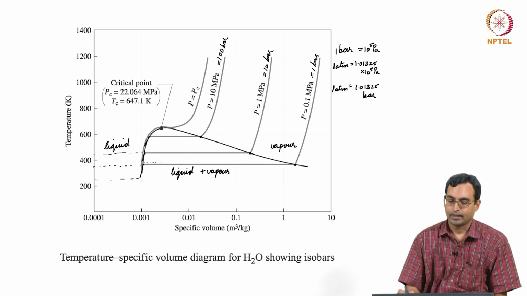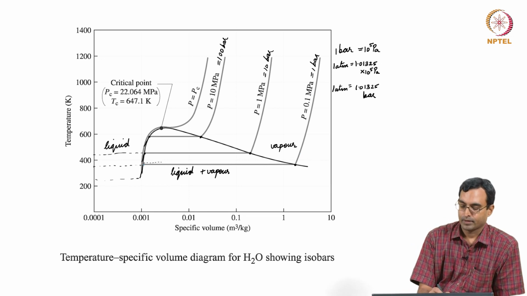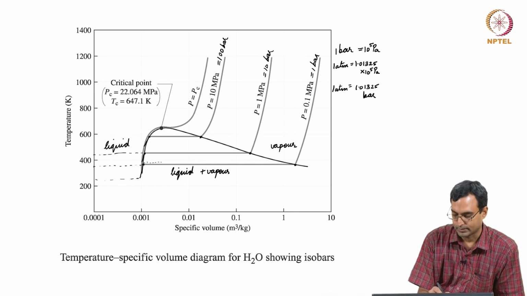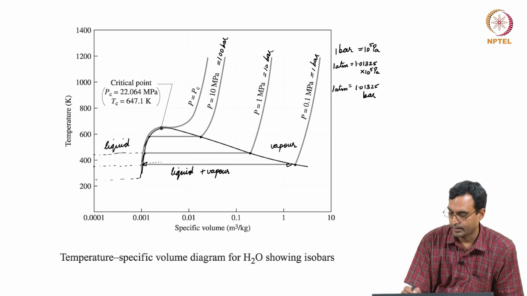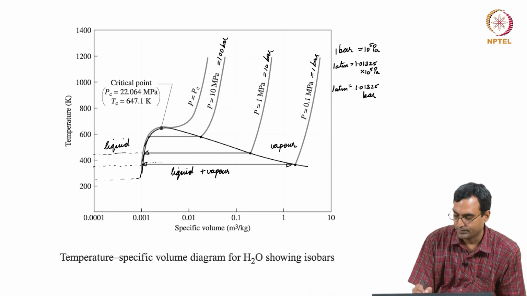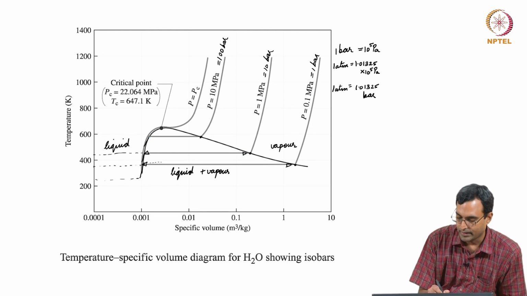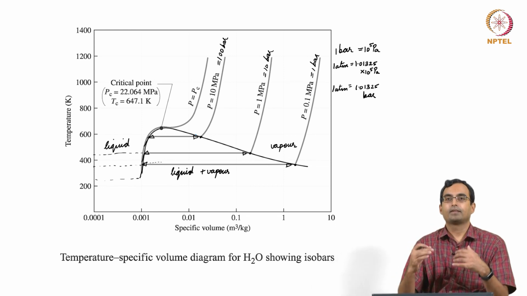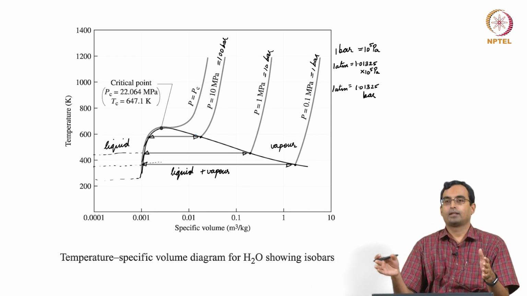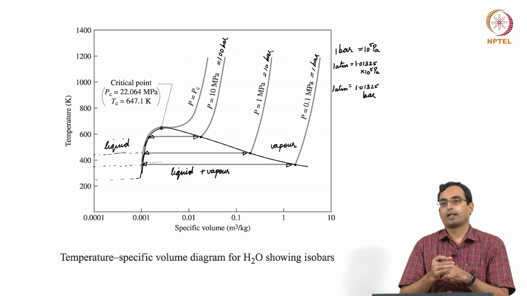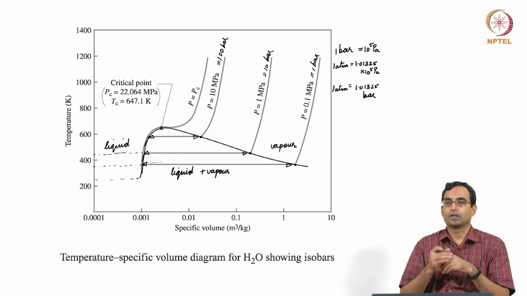What I can also see is at low temperatures, the difference between the specific volume of pure liquid and pure vapor is large. It is this extent. This is the difference in specific volume. At higher pressures, this difference becomes smaller. At even higher pressures, it becomes even smaller. So, as I keep increasing the pressure, the difference between liquid and vapor volumes becomes smaller and smaller, which means that at some point, this difference will become 0.